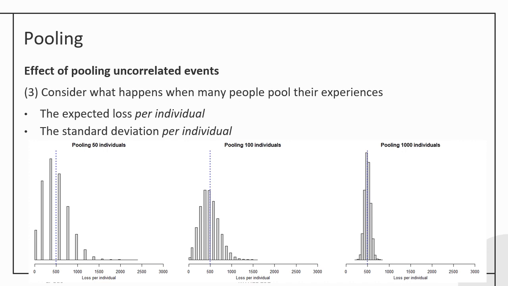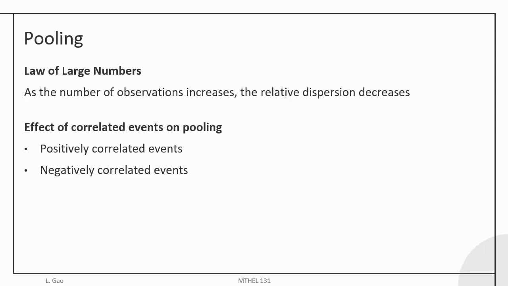The important observation here is basically that the relative risk, or the risk per individual, is decreasing as we pool together more and more independent individuals. To formalize this a little bit, and you'll get a far more mathematically precise definition in Stat 230, this is known as the law of large numbers. Essentially, as the number of observations increases, the relative dispersion decreases.